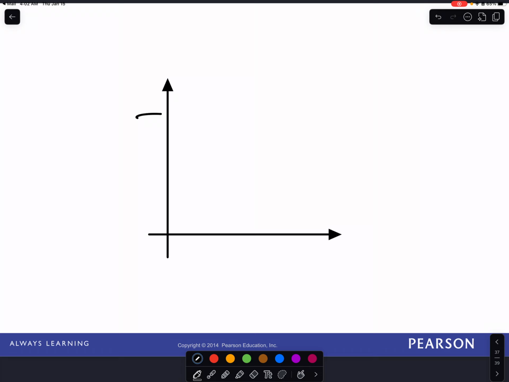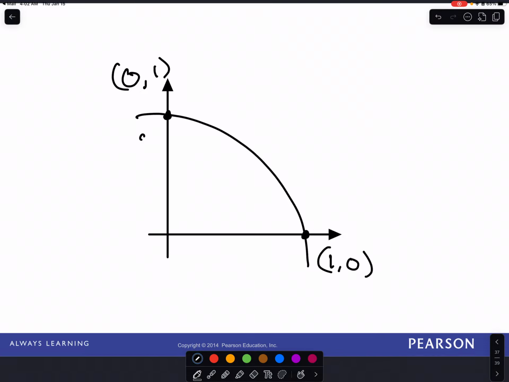So, you got something like this. This corresponds to the ordered pair 1, 0. This corresponds to the ordered pair 0, 1.